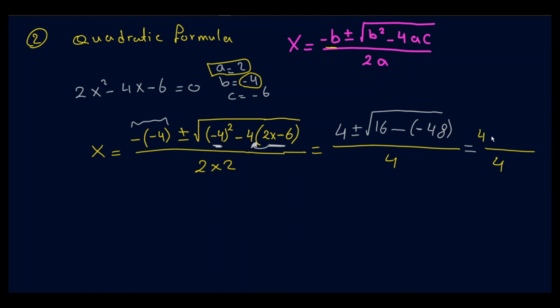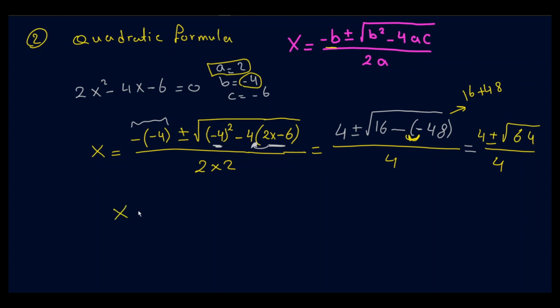4 plus or minus the square root of 16, minus minus is plus. So the square root of 16 plus 48, this is underneath the square root. 16 plus 48 is equal to the square root of 64.